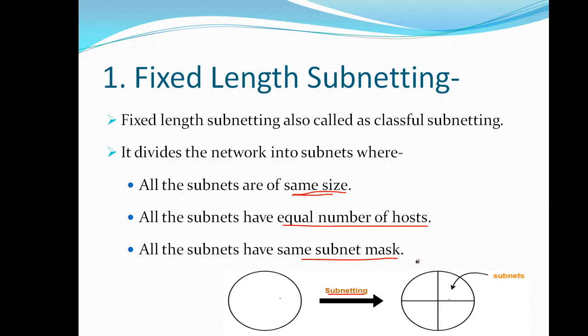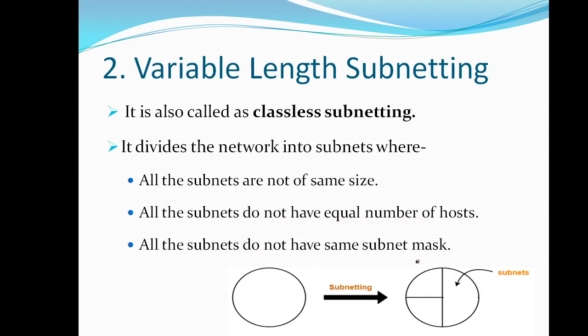The entire network is divided into equal sizes, so each subnet can accommodate an equal number of hosts and has the same subnet mask. Coming to variable length subnetting, here the entire network is divided into subnets of different sizes. Here is a larger one, this is a smaller one, and this is a very small one.